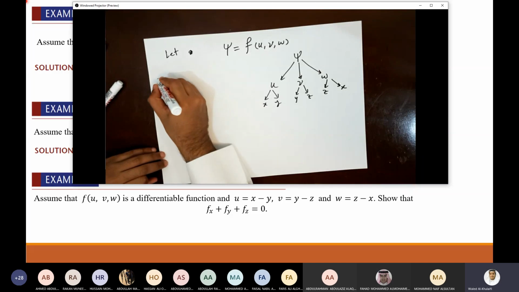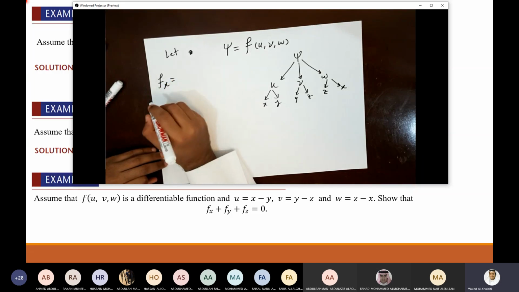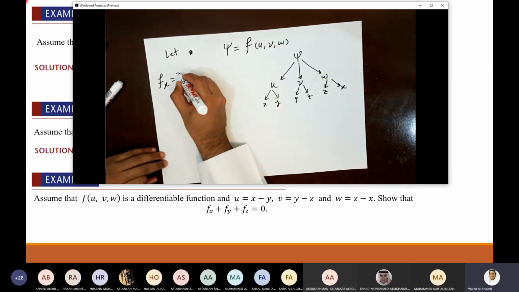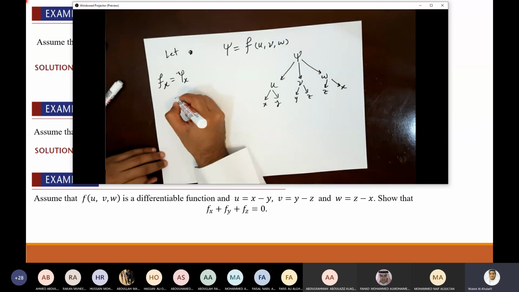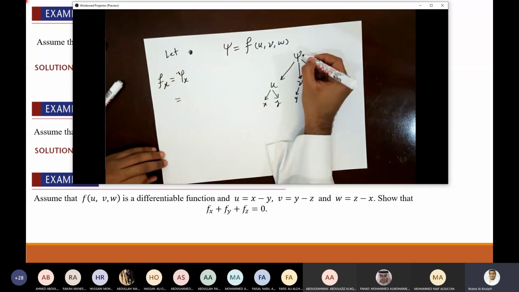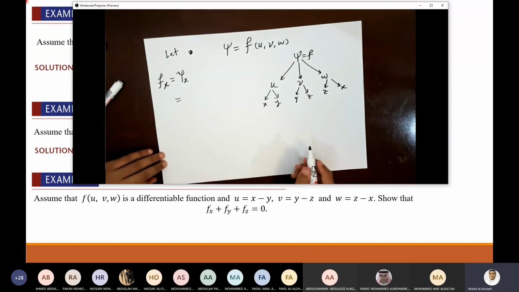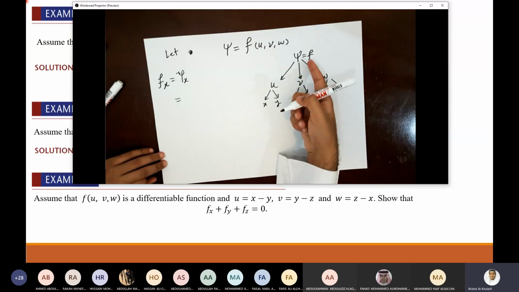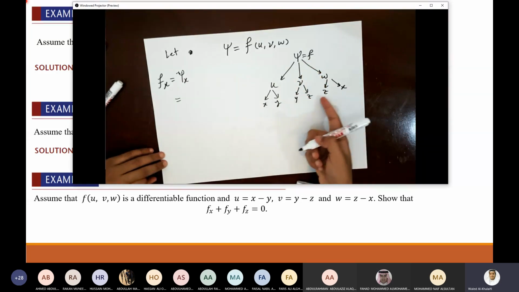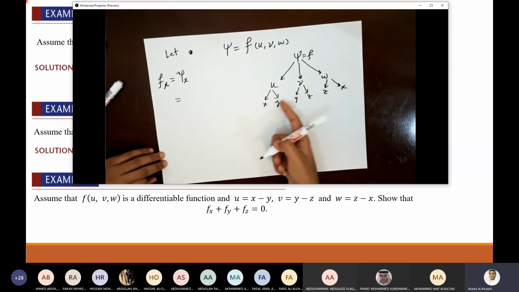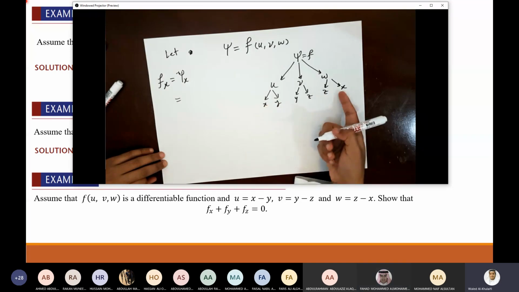Now, if I want to differentiate f, or psi, with respect to x, the same thing, guys, it is this same f. How do I reach x, guys? How many paths do I have? I have two paths, exactly two paths.